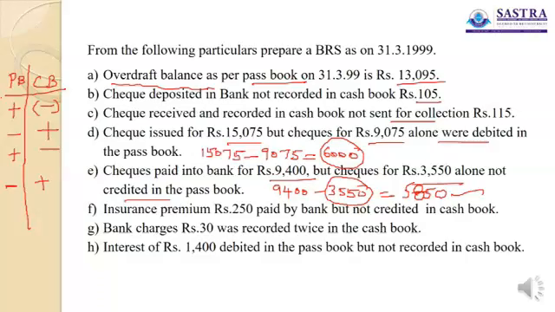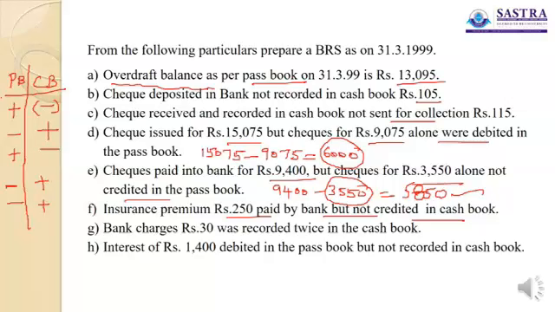So do understand: the insurance premium of 250 paid by the bank but not credited in the cash book. Insurance premium is a payment that keeps the passbook balance lesser and the cash book balance higher, because the insurance premium expense has not yet been entered on the payment side of the bank column of the cash book.